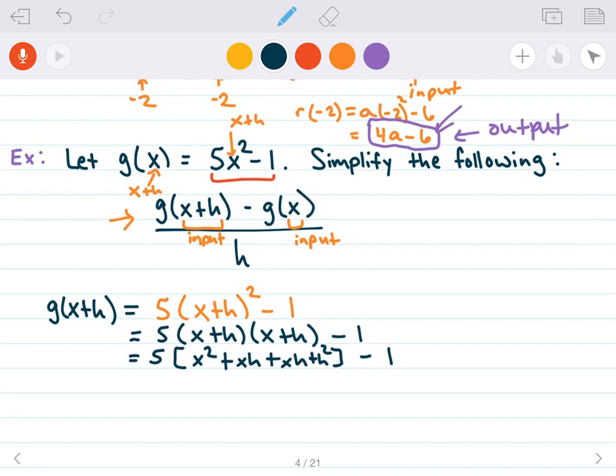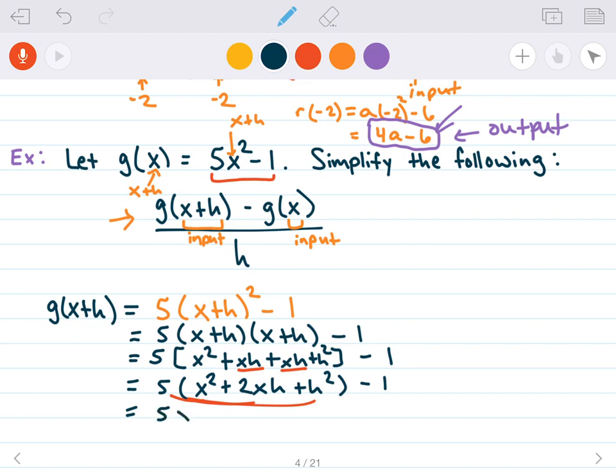We can simplify this more by combining like terms. These guys are like, so one of them plus another is 2 of those things. And we get 5 times x squared plus 2xh plus h squared minus 1. Now we can multiply that 5 on the outside into everybody.